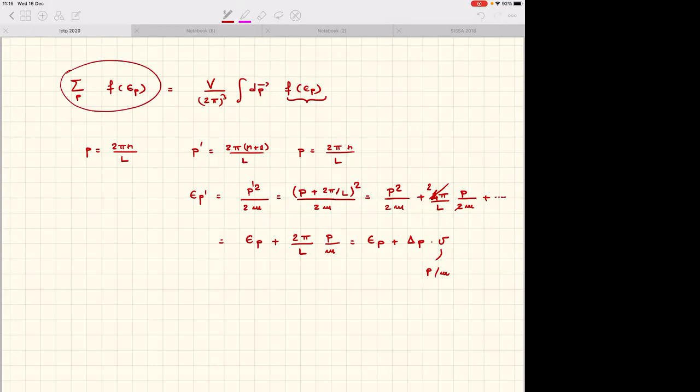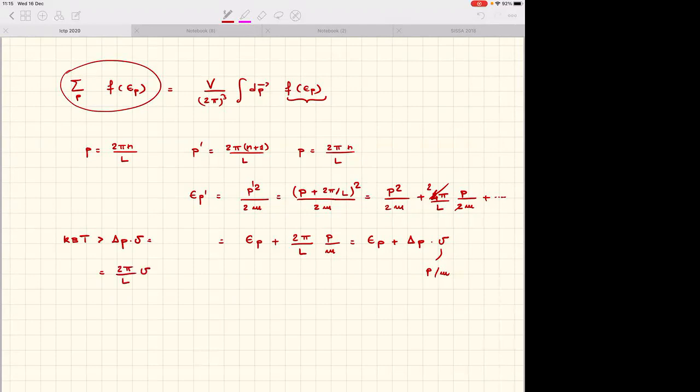This is true as long as kBT is much larger than delta p times v, in other words 2 pi over L times v.